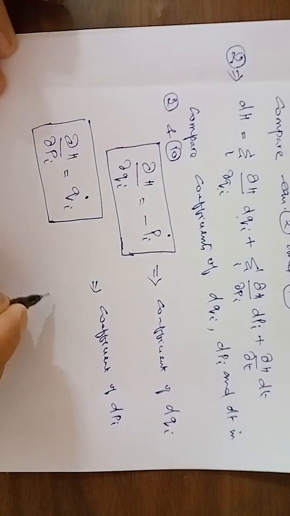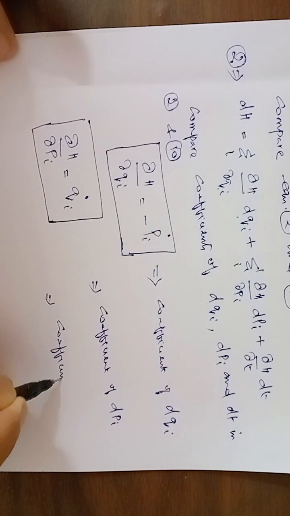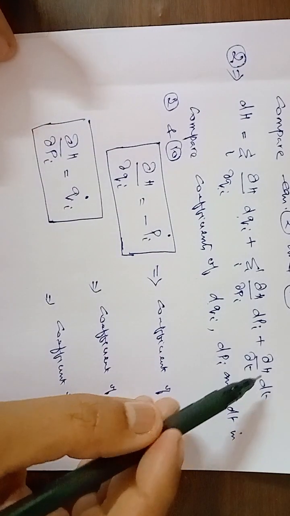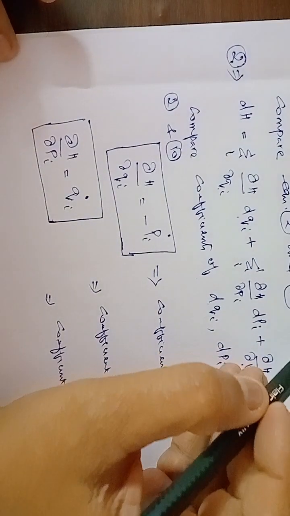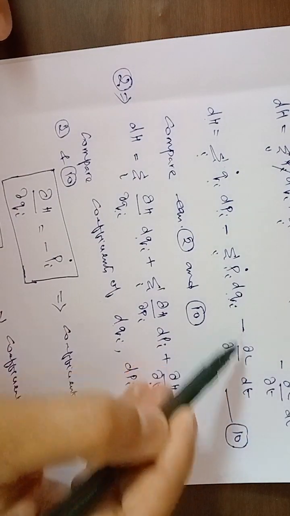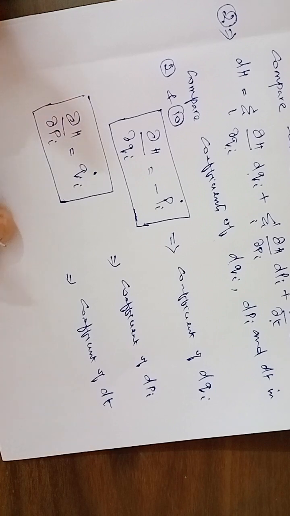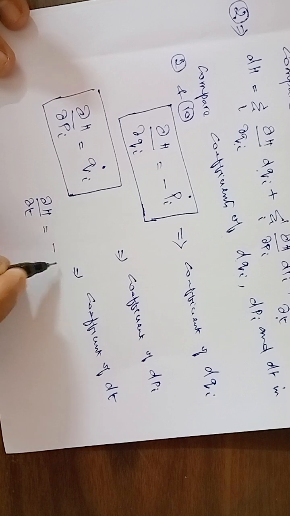Now another thing is the coefficient of dt. What is the coefficient of dt? ∂H/∂t is equal to minus ∂L/∂t.